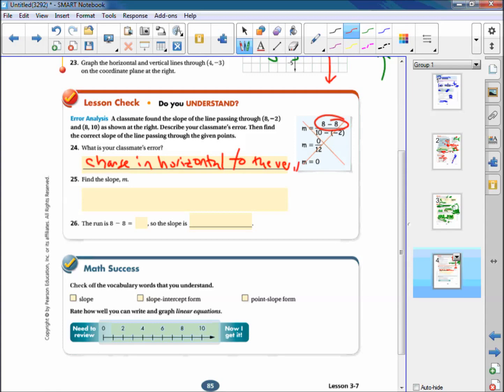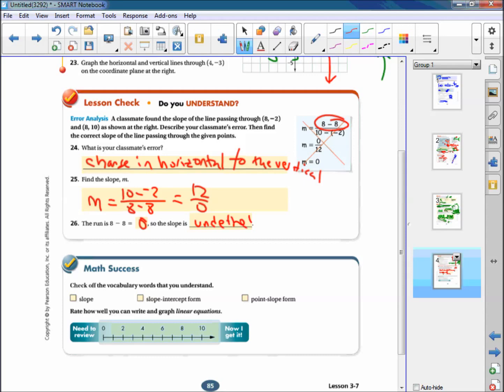It's supposed to be the other way around, vertical on top. So to find our slope here, we should be doing 10 minus -2 over top of 8 minus 8. So 10 minus -2 is 12, and 8 minus 8 is 0. Oh goodness, that's not good. So the run is 0, so the slope is undefined.